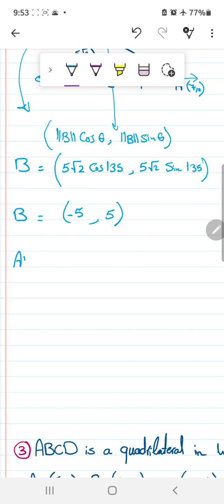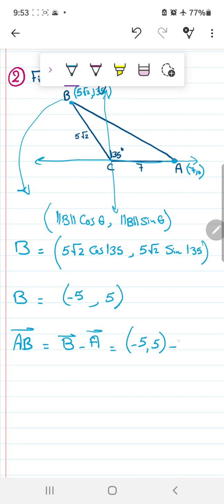So it's easy to get AB vector. As we said, AB vector equals vector B minus vector A. So negative 5 and 5 minus the coordinates of A, 7 and 0. Negative 5 minus 7 will be negative 12. 5 minus 0 will be 5. We get AB.